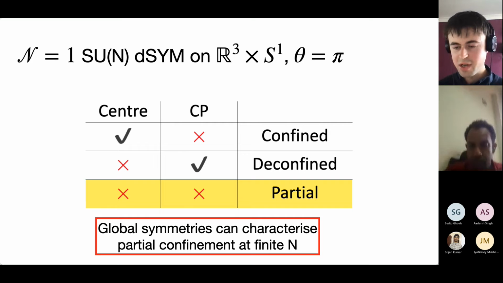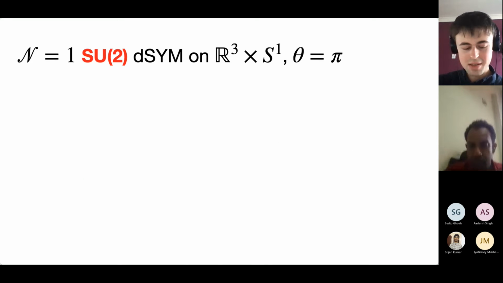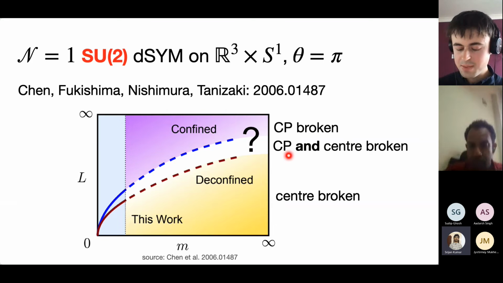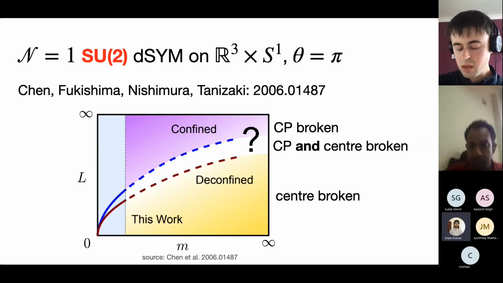So finally, we can talk about partial confinement at finite n, and we'll apply that in this special case here, which is some investigations which Chen and his collaborators did on SU2. So they looked at stable saddles, and they found that in between the deconfined and the confined phase, there was a mysterious phase, which was characterized by having both CP and center broken, and they didn't have an explanation for this phase, and they described it as exotic.